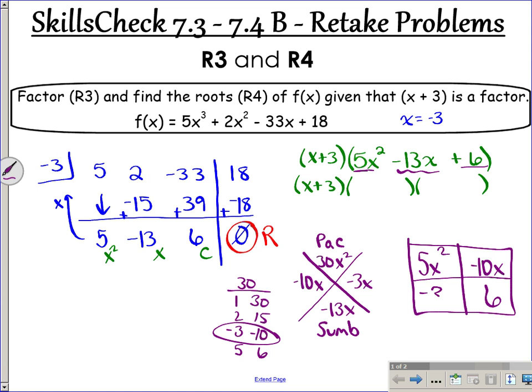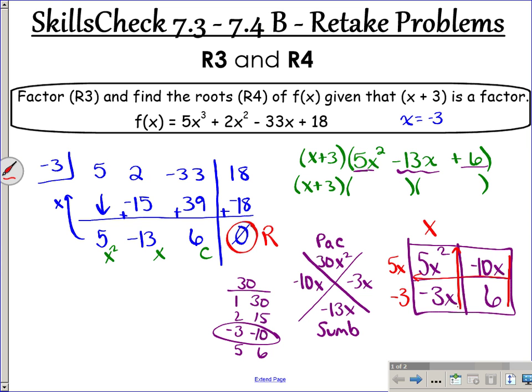From here, we have to factor out our greatest common factors of each row and each column. So, the biggest thing you can divide 5x squared and negative 10x by is 5x. Biggest thing you can divide negative 3 and 6 by is 3, and since the box closest to the outside is negative, you take the negative. Factoring up, biggest thing you can factor 5x squared and negative 3x is x.